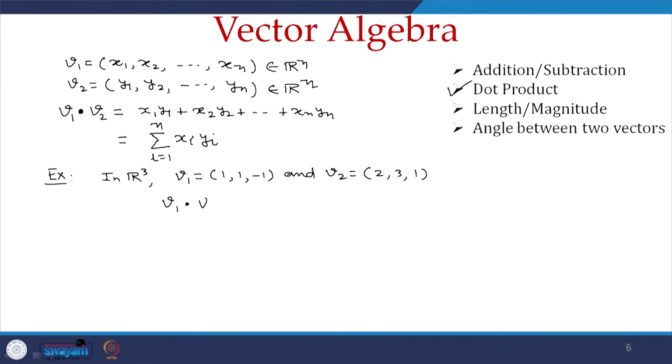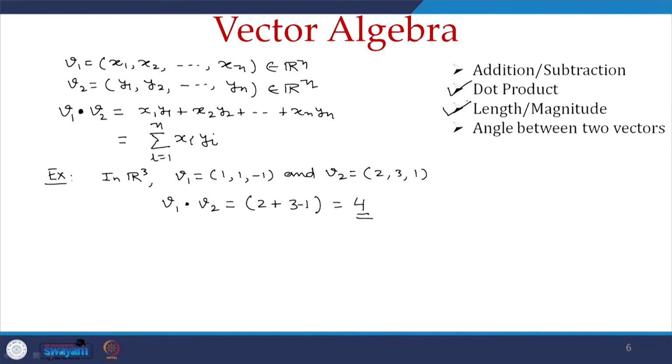Then dot product of v1 and v2 is nothing but 1 into 2 plus 1 into 3 minus 1 into 1, minus 1. So, it comes out to be 4. Okay. So, this is the dot product between two vectors. Later we will see the concept of inner product which is a generalized version of this dot product.